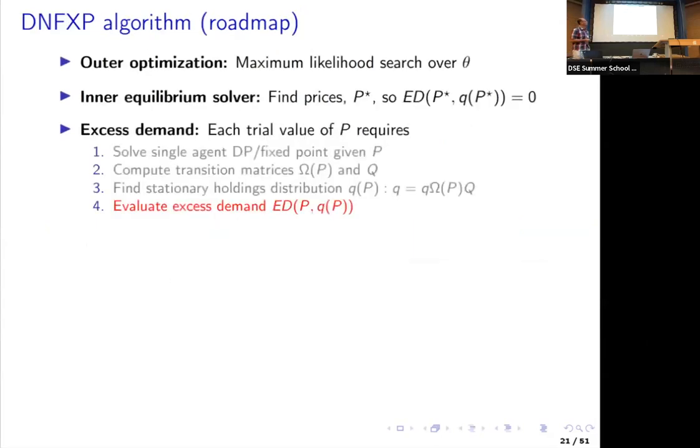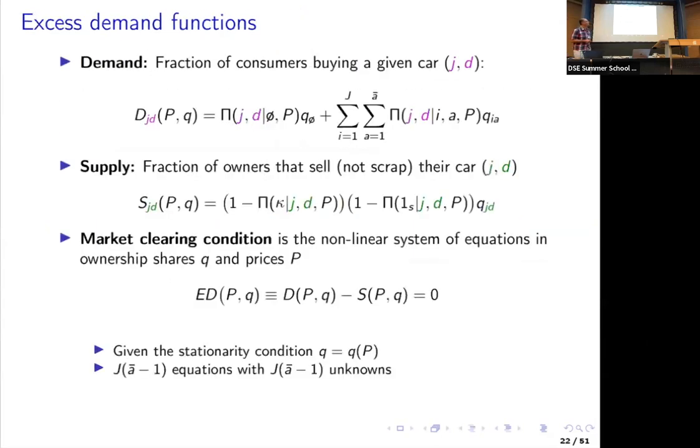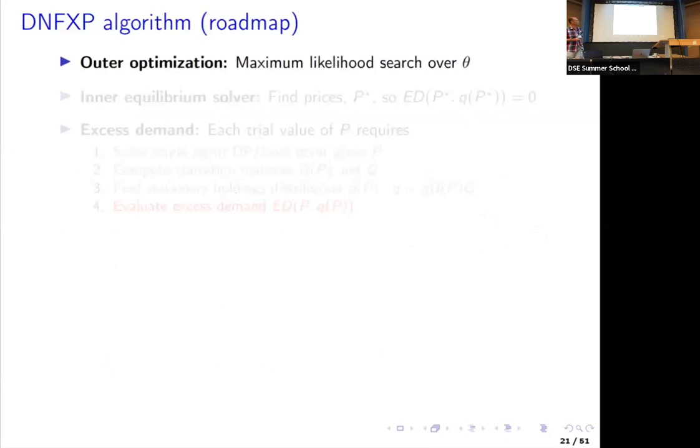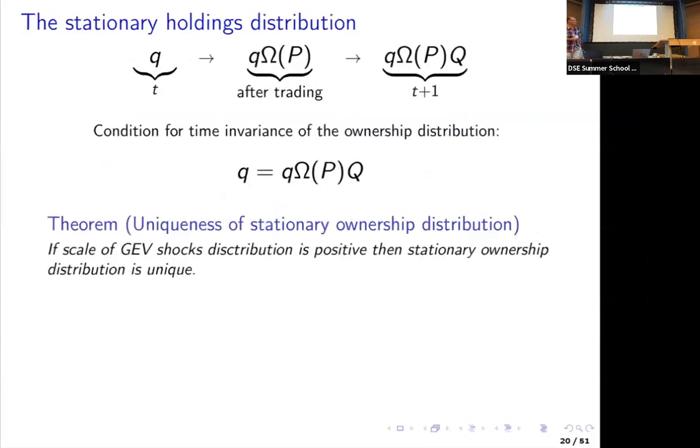What else do we need? We need to find the prices that clear the markets. All right, how do we construct? One thing I have to also say here, it's not only that it's unique, it's also shown in the theorem in the paper that this implied equilibrium ownership distribution is a smooth function, or a continuously differentiable function, of prices.